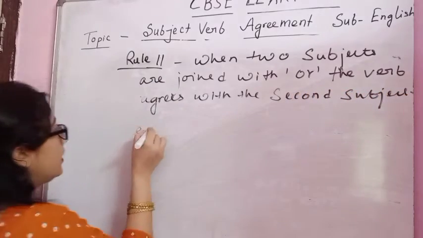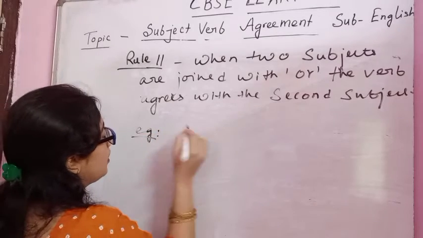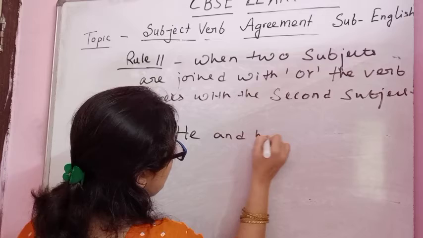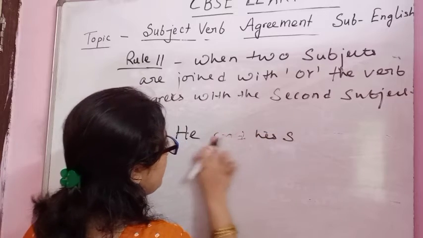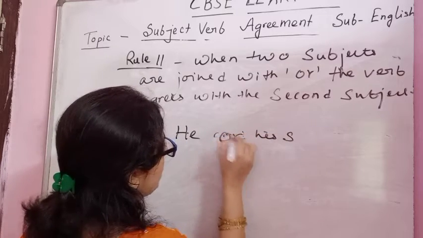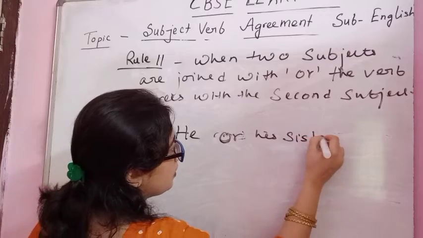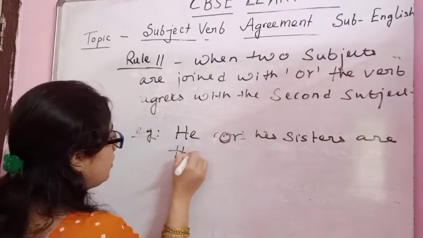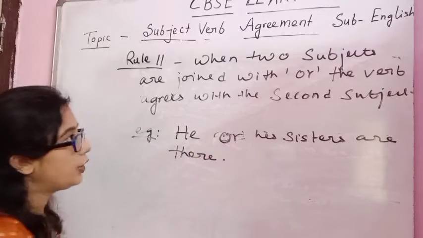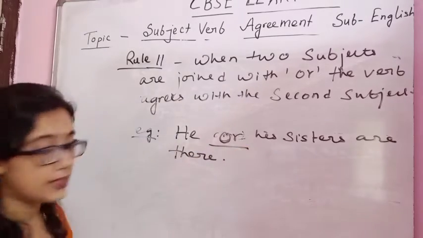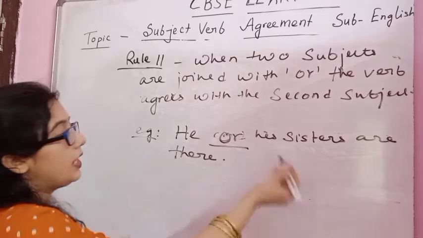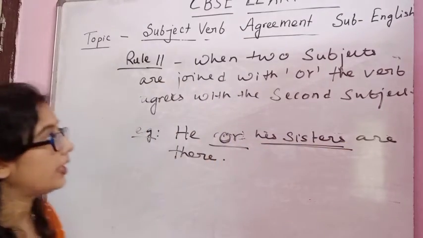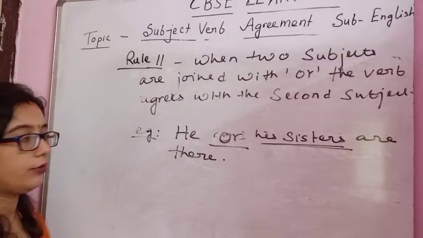For example, "He or his sisters are there." So when we are using "or," the verb will agree with the second subject.